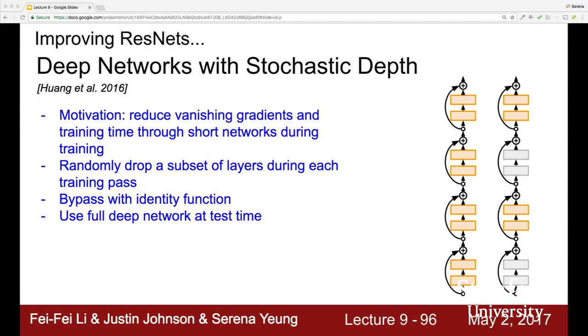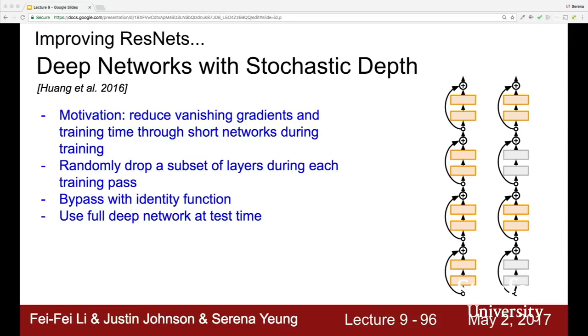Another approach towards improving ResNets was this idea called stochastic depth. In this work, the motivation is to look more at the depth problem. Once you get deeper and deeper, the typical problem is vanishing gradients: your gradients will get smaller and eventually vanish as you try to backpropagate them over a large number of layers.